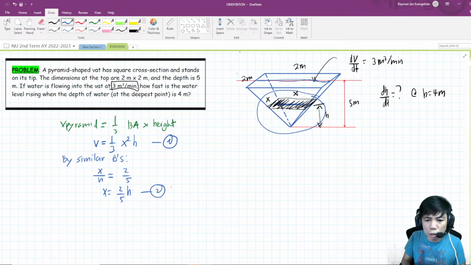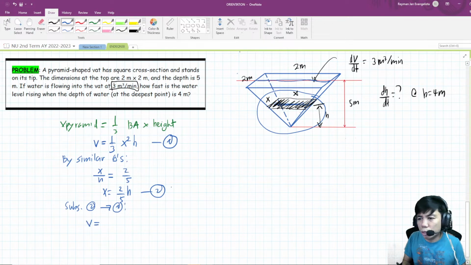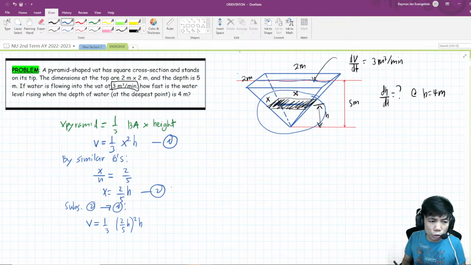Now, ang gagawin mo na lang dyan, substitute yung ating equation number 2 to equation number 1. Therefore, the volume of the water at any time is 1/3 of x, which is 2/5 h squared, then times h. Simplify the expression on the right side of the equation.